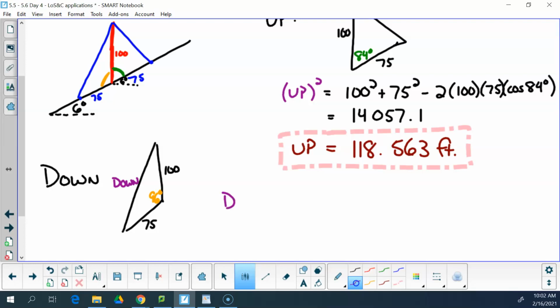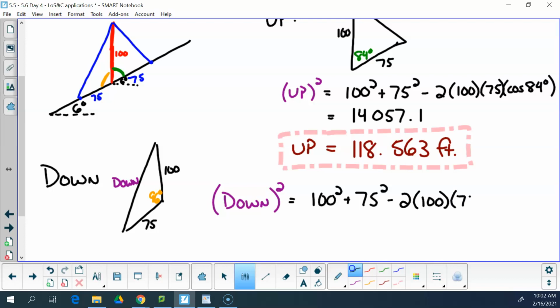So the down wire quantity squared is going to equal 100 squared plus 75 squared minus 2 times 100 times 75 times the cosine, but now of 96 degrees.